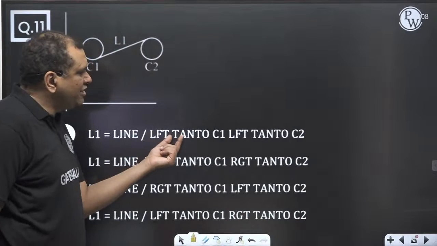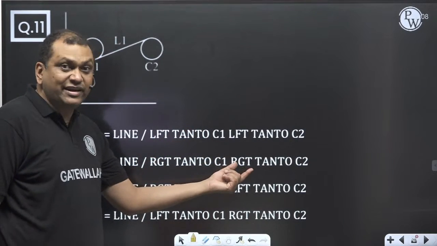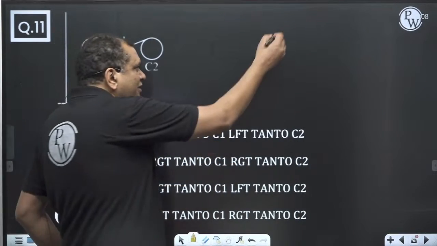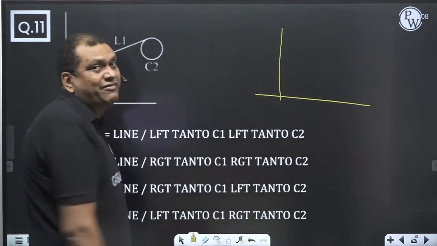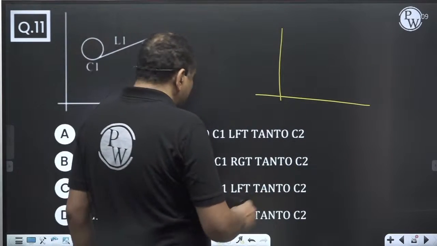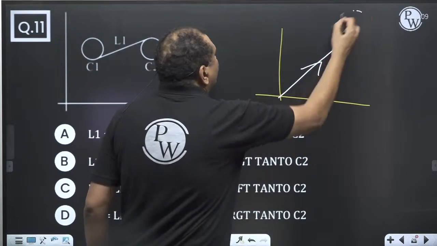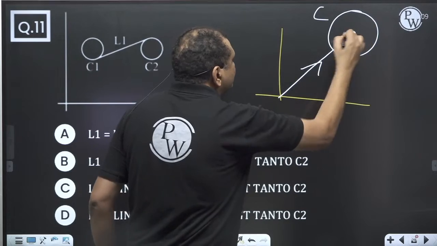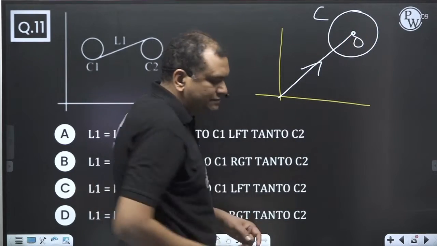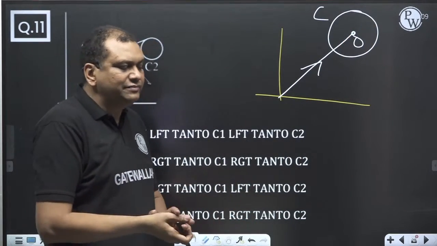LFT means left tangent. RGT means right tangent. So how exactly do we define left and right? Here is the concept I want to teach you. Suppose I am going from the origin. Let us say this is a circle and this is the origin of the circle. How are the left and right defined?